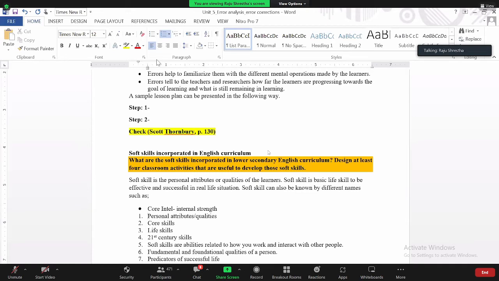Your laptop Intel Core i5, Intel Core i4, that is what core Intel is, that is the internal quality, internal strength of that device. In the same way, soft skill in the process of teaching and learning is what? This is core Intel. Core Intel, okay?